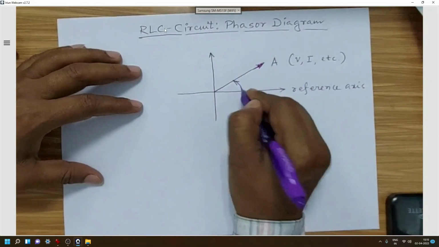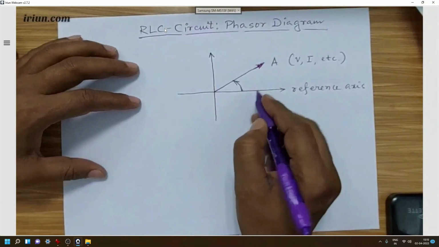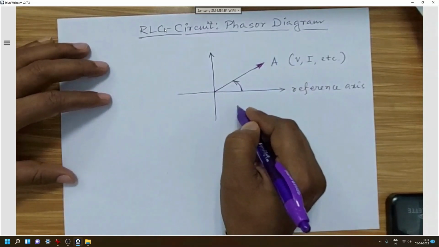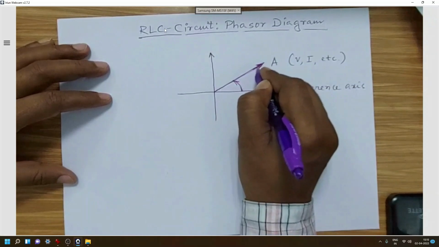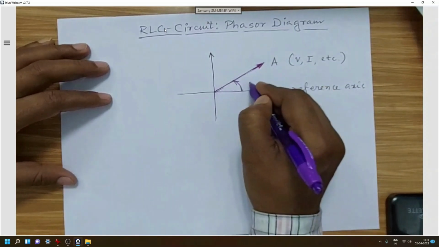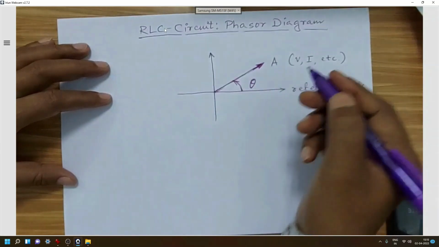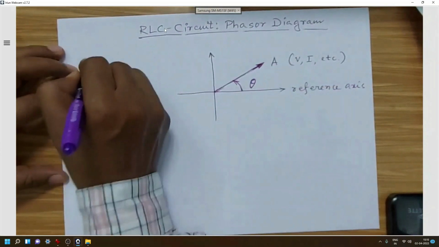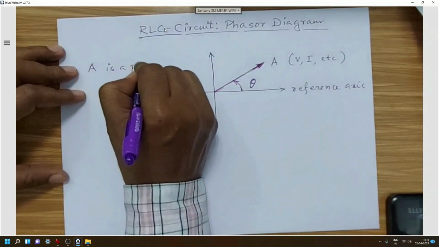That angular displacement may be varying from 0 to 360 degree, and in any direction, either clockwise or anti-clockwise. So we can call this representation with the help of this arrow and angle theta. Say we can take any other angle also, phi or anything else. So this A is nothing but a phasor.